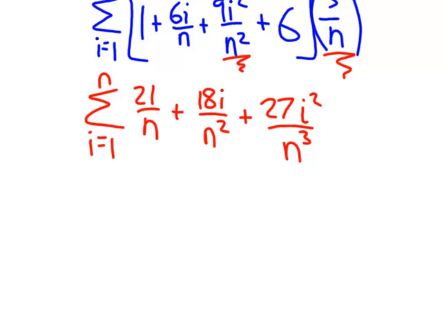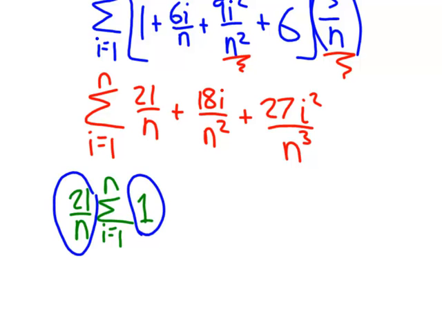So, as such, remember you can bring constants to the outside of the sigma. So, for example, I can bring a 21 over n to the outside of the sigma and just have a 1 on the inside, because 21 over n times 1 will give me that 21 over n.